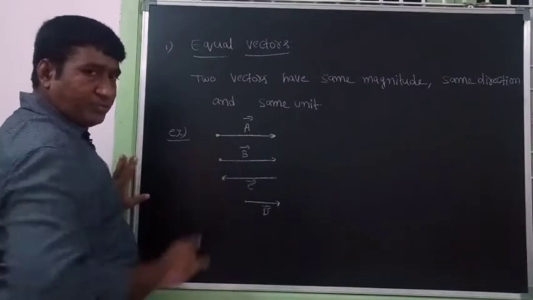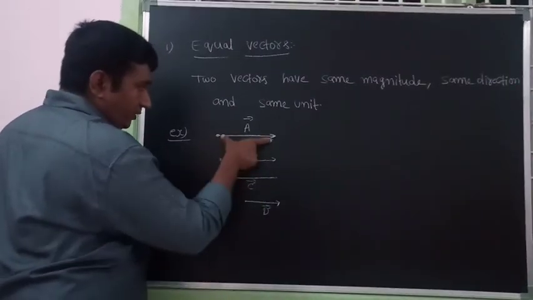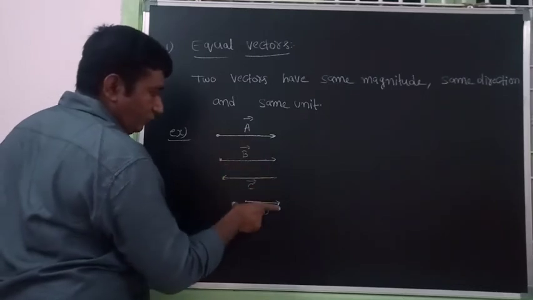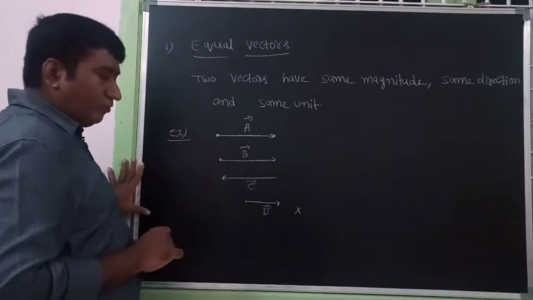Here I have not represented units, I will discuss that. A and B represent some magnitude. In this we can eliminate D, it is not an equal vector.